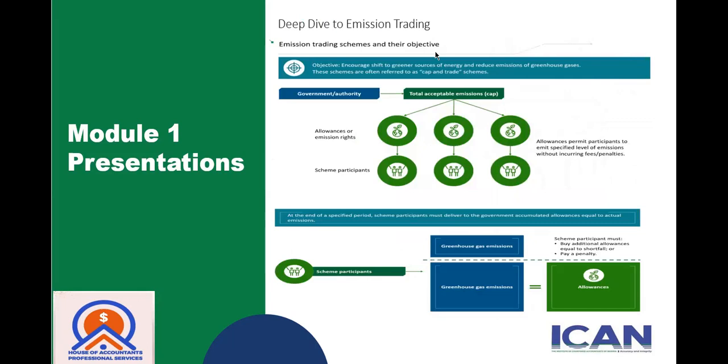If you have questions as we move on, you can be dropping them. I am going to have time to discuss and to ask questions. Let's deep dive into emission trading now, the emission trading schemes and their objectives. Like I said, the objective is simple: to reduce emission. To do that, they can get data of all companies that release emission into the atmosphere, and allocate to them what they can release.